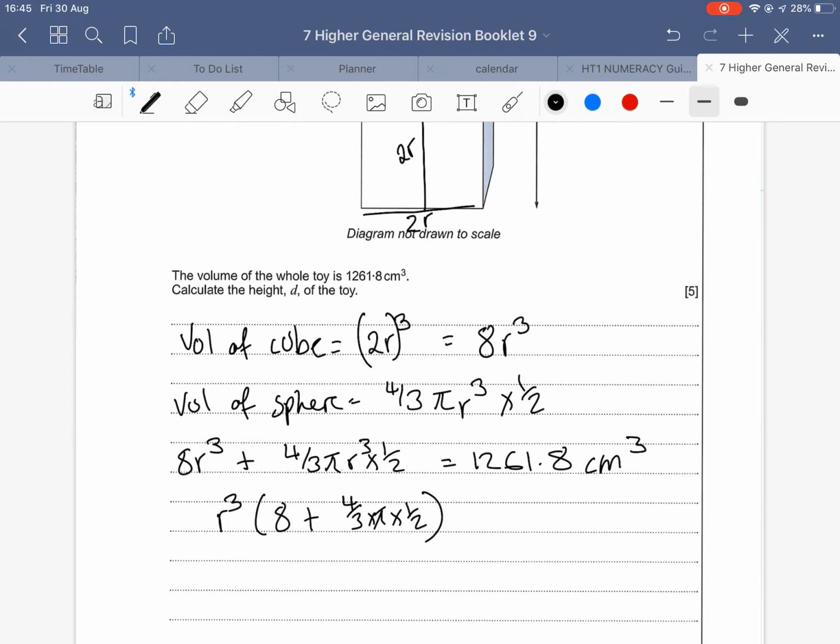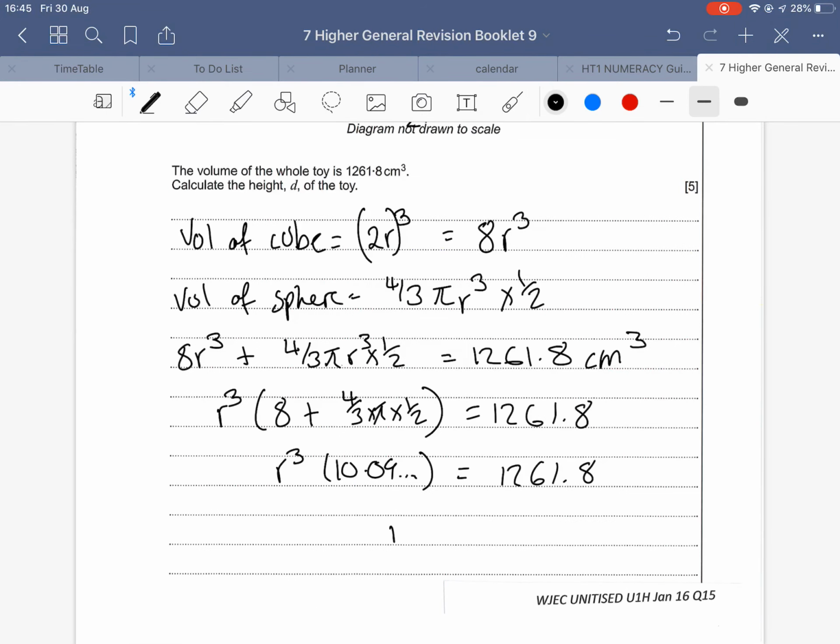Let's work that out. I'm going to do the 4/3 times pi times a half. That gives us 2/3 pi, plus 8 gives us 10 point something something something. So we've got r cubed times 10.09 and so on is 1261.8.